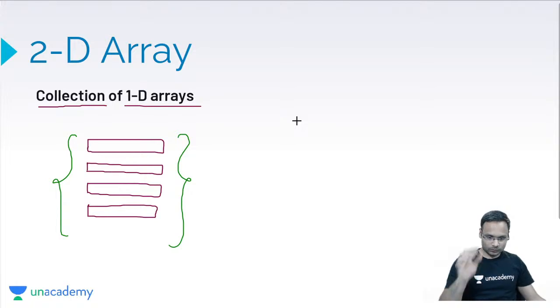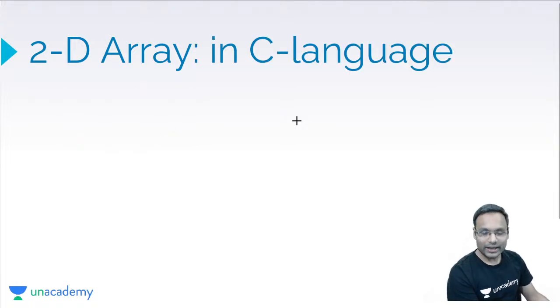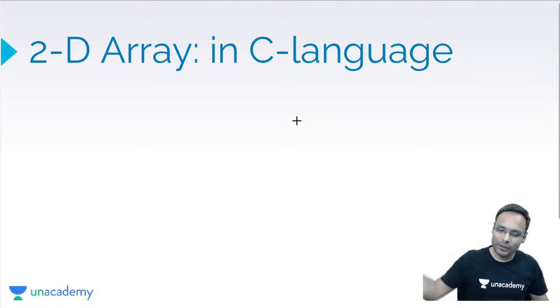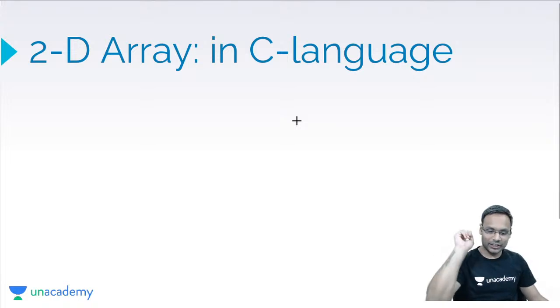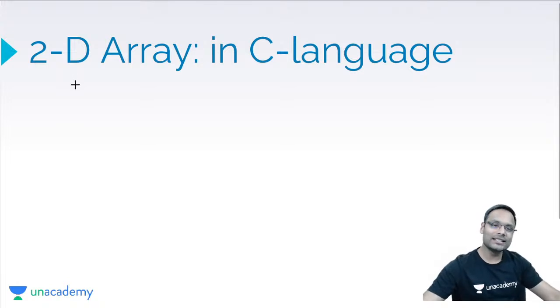Now next, this 2D array in C language. How do you define a 2D array in C language? Can you type in the comment box so that I can understand whether you actually know this?